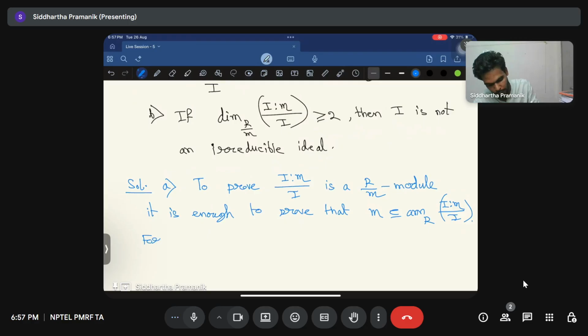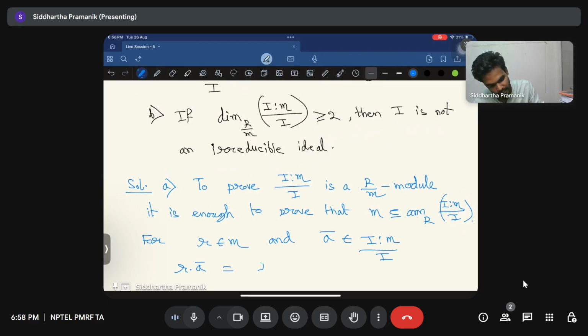So for r belongs to the maximal ideal M and a bar belongs to I colon M modulo I, then what happens to this product r times a bar?